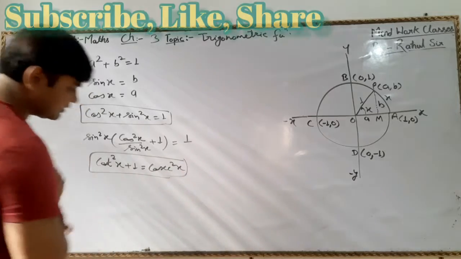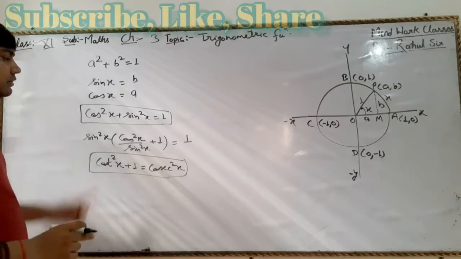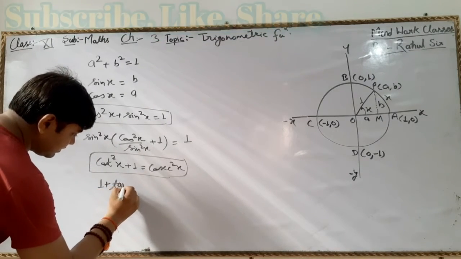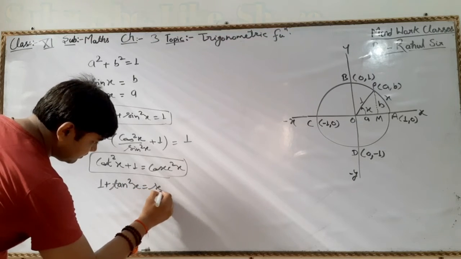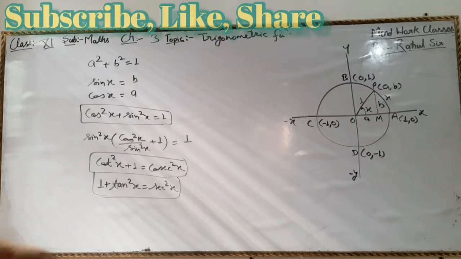We get the second formula. Again, if we take cos square x common, then we will get 1 plus tan square x equal to sec square x. So this is how we get the 3 formulas.